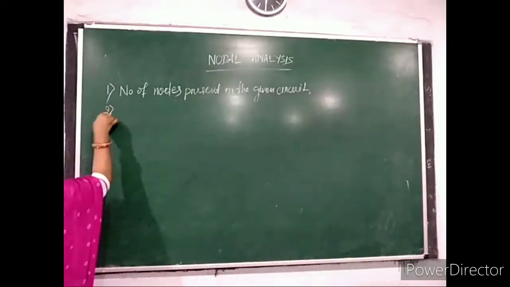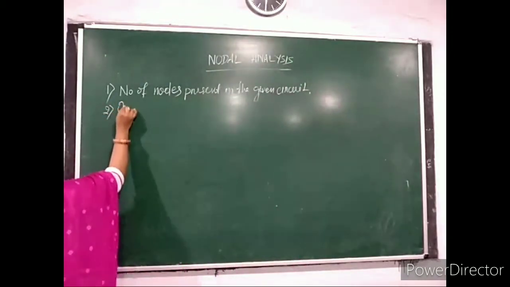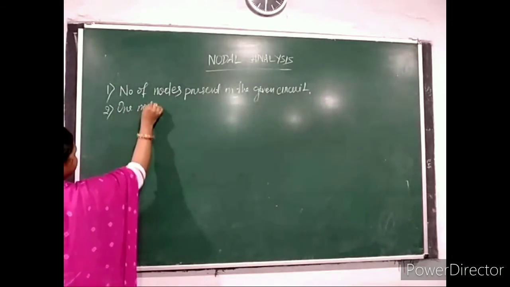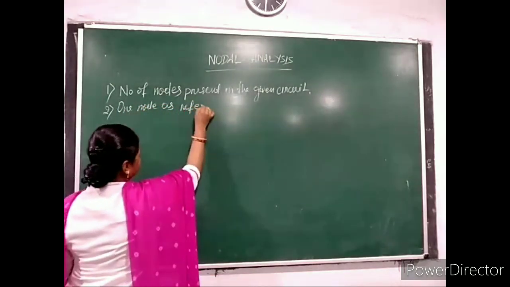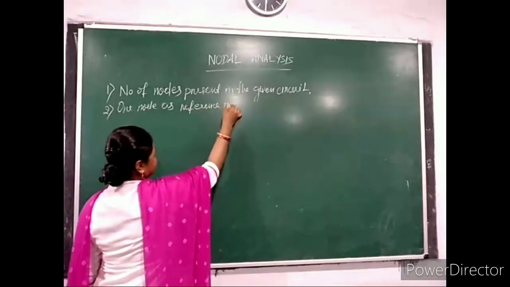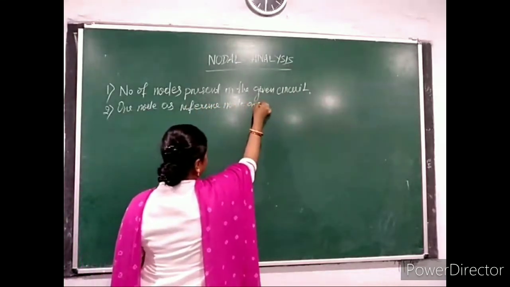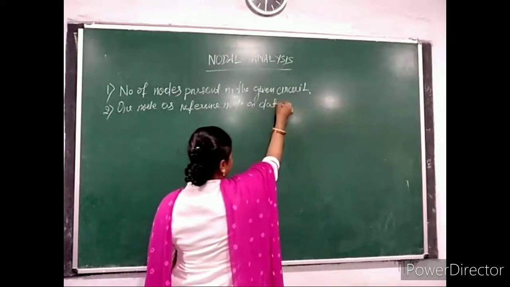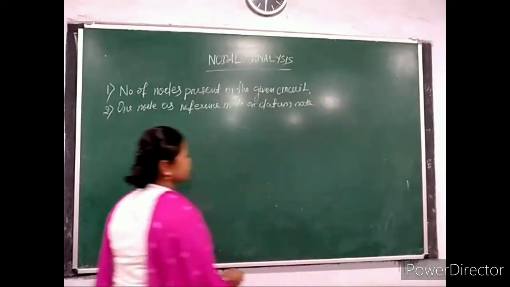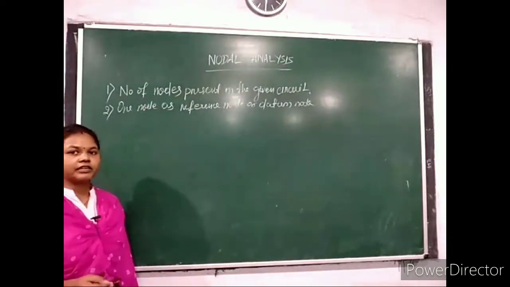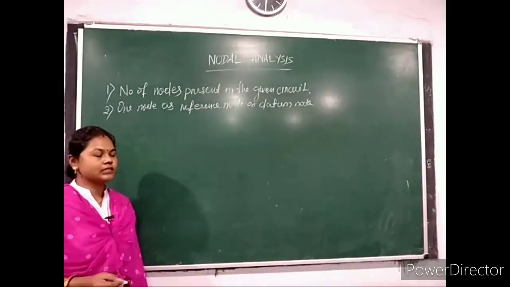Second step, you take one node as a reference node or datum node. Datum node means it is the lowest potential point, or where the potential is 0.